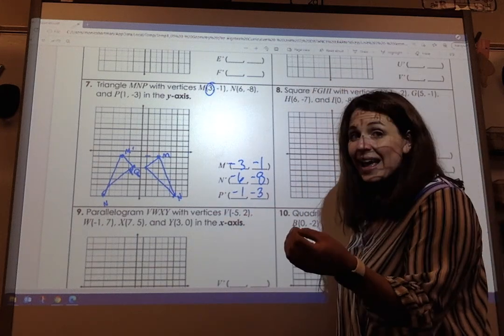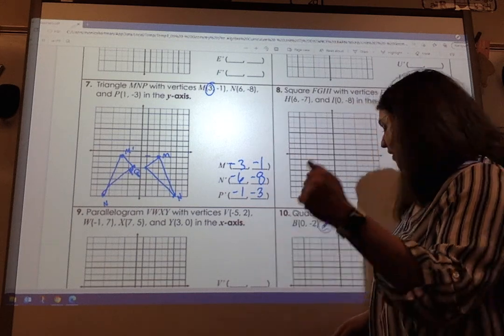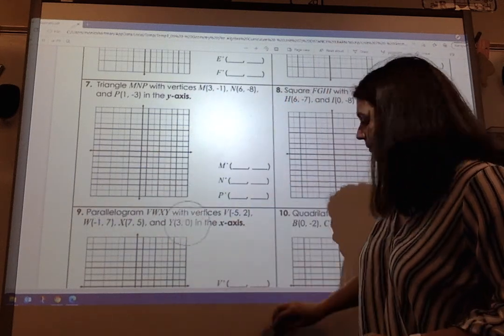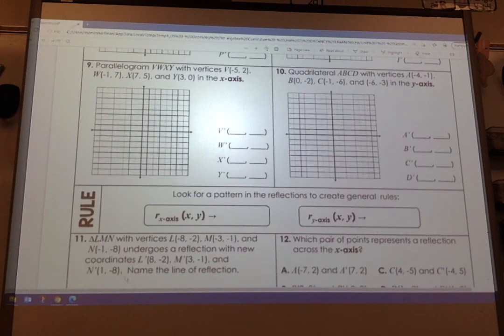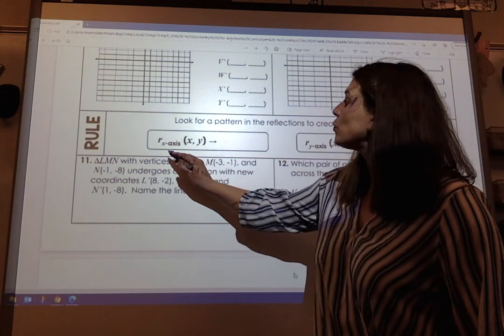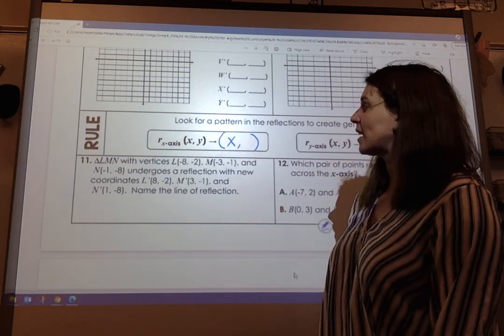So on your y-axis, the y value stays the same. It's the x coordinate that has flipped. So when you look down to the end, and we come up with a rule, here's the most important part. The pattern of the reflection. When it's reflected across the x-axis, the x value stays the same.